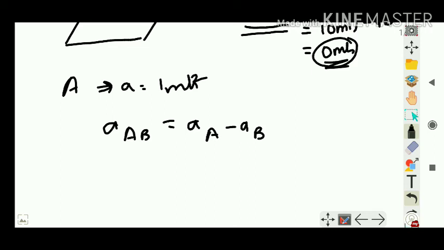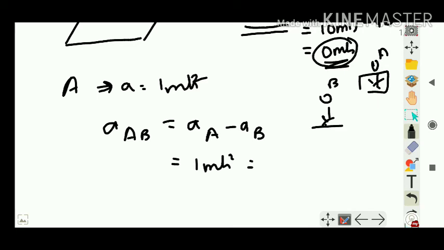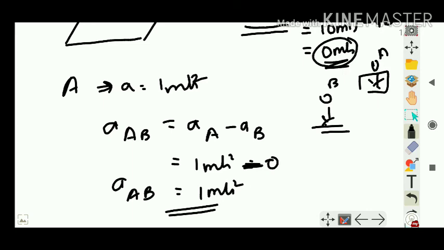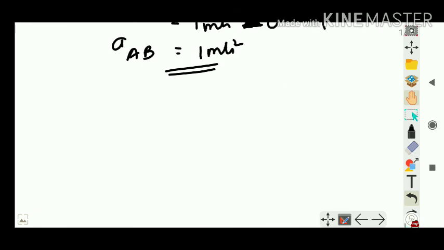This is for the first case where B was stationary, and this was the position of A. So what is the acceleration of A? It is 1 meter per second square, and B is stationary means its acceleration is 0. So the net AAB, that is acceleration of A with respect to B, will be 1 meter per second square. That is, B will feel that A is having acceleration in forward direction. Clear? Right, these are all the scenarios, guys. So let's move on.